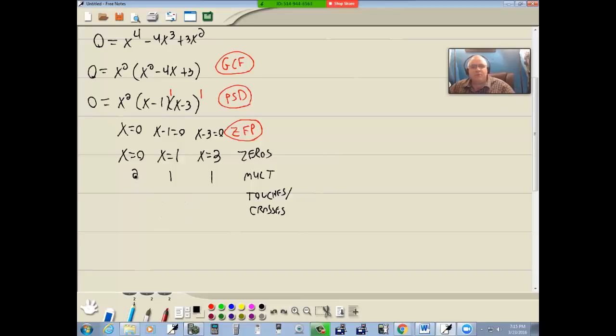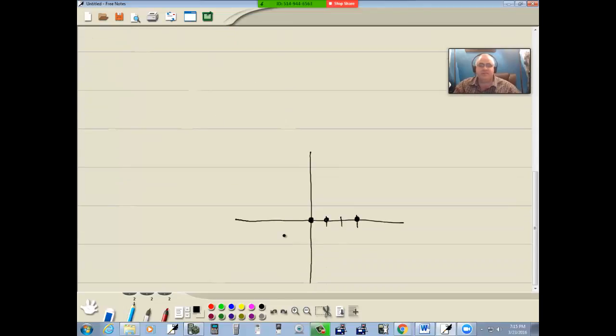If your multiplicity is even, it touches. And we'll get back to that, see what in the world that means. It means it touches at the x-axis. Now if your multiplicity is odd, that means it crosses. So these both cross. Okay, so touch, cross, cross. So this is going to touch. This one will cross, and this one will cross.